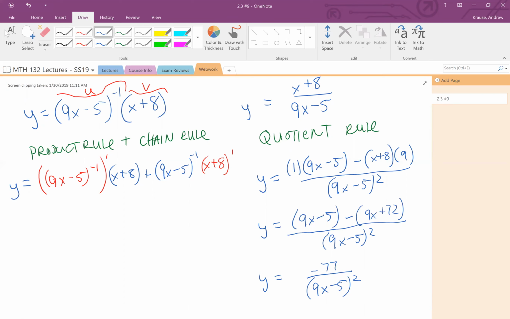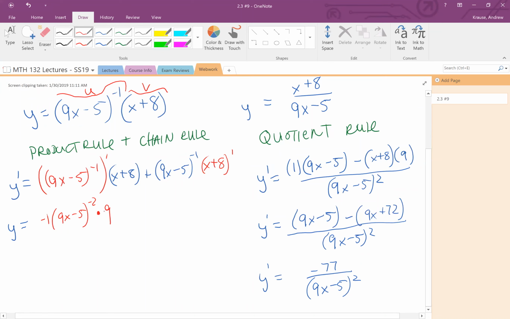Okay, oh, that should be y prime, and this should be y prime. Whoops, y prime, y prime. Okay, so now here we have to use a chain rule, just a kind of simple chain rule. So we're going to get negative 1, 9x minus 5 to the negative 2 power, and now the chain rule is just the times 9.